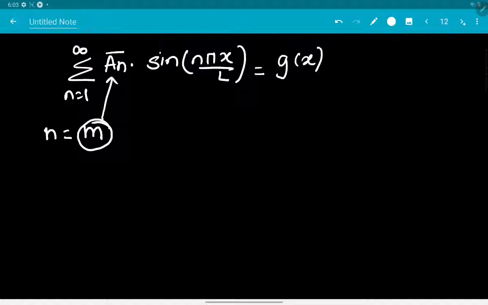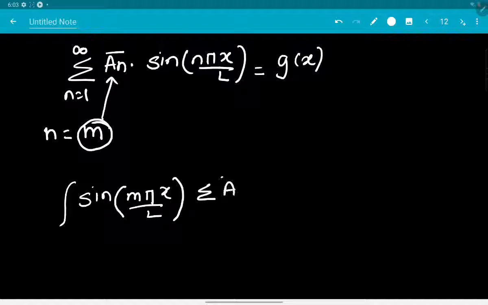And for that n, what is this a bar n? I am interested in finding it out. So what I'll be doing is, I'll be multiplying sine of m pi x by L to this entire equation.